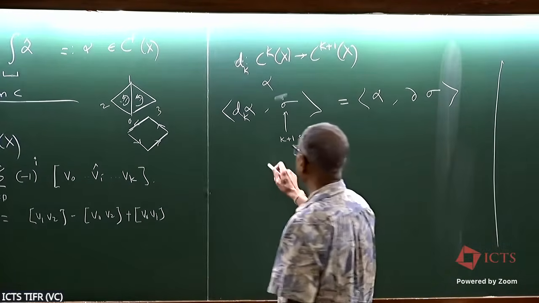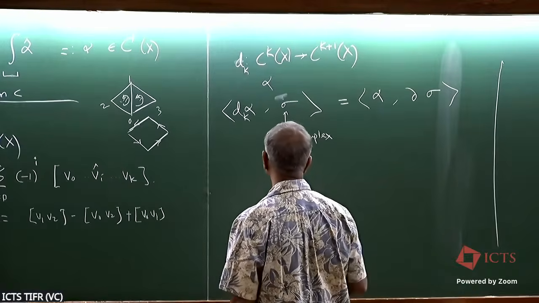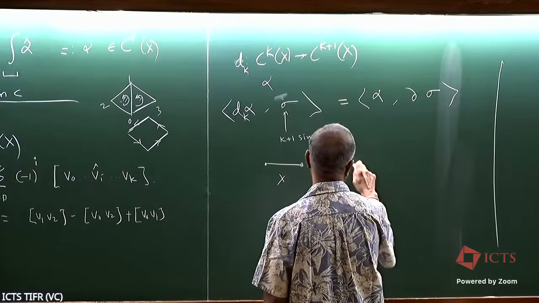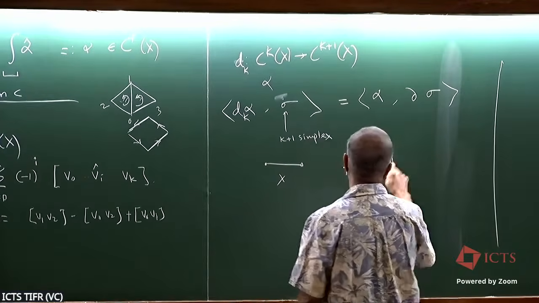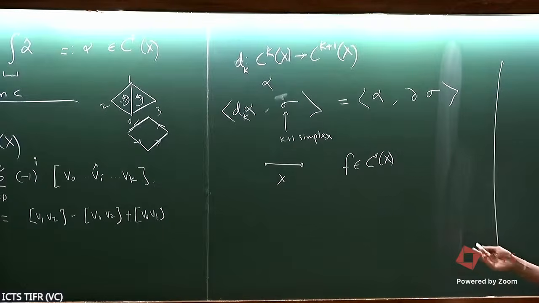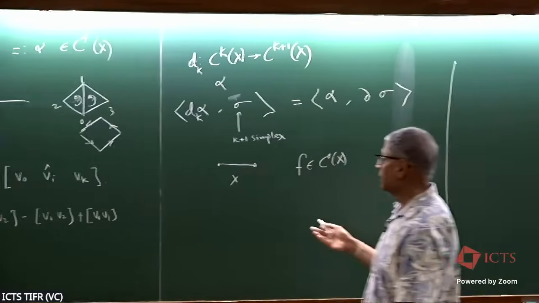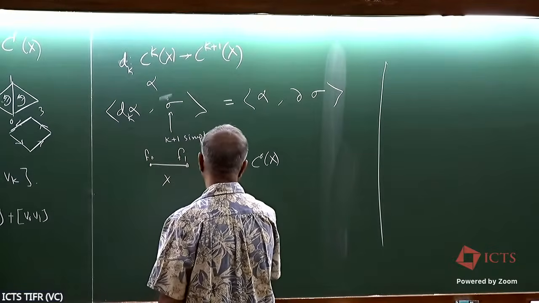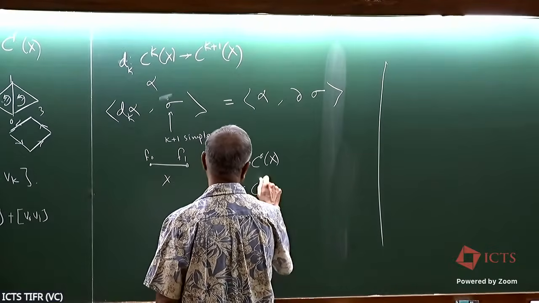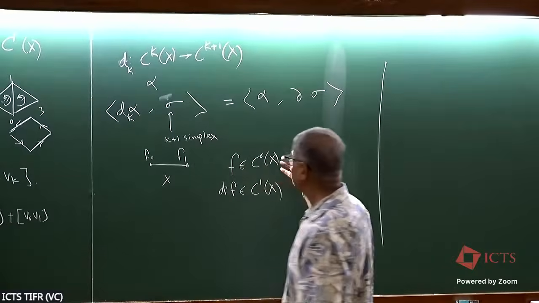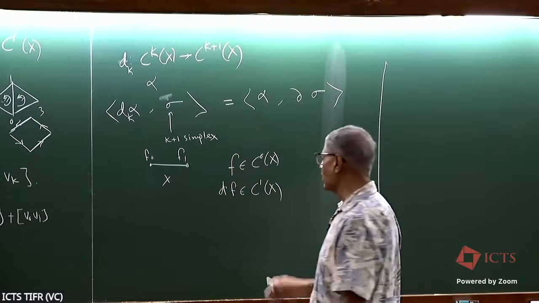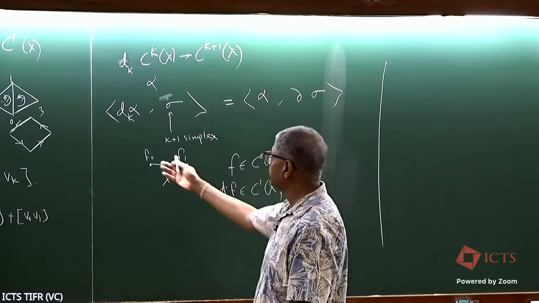So a very simple example is, let's take this. This is our thing, and F is a 0 cochain. A 0 cochain is just things that take values on the vertices. So we will have F0 and F1. So D of F will be a 1 cochain. Think of this as a 0 form. 0 forms are functions, then 1 forms, 2 forms, 3 forms, and so on. So F is a discrete function.